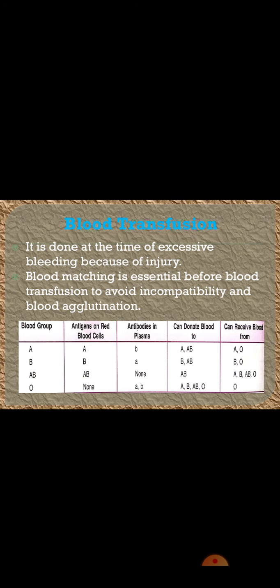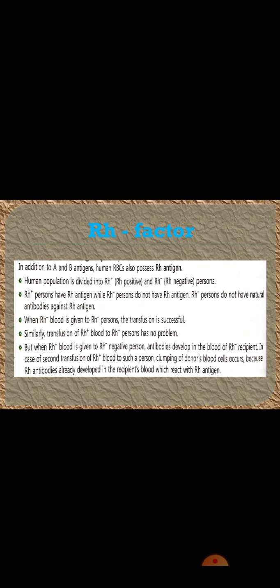Clear? Next and very important factor is the Rh factor, which is known as the rhesus antigen system. In addition to A and B antigens, human RBCs also possess the Rh antigen. The human population is divided into Rh positive and Rh negative persons.